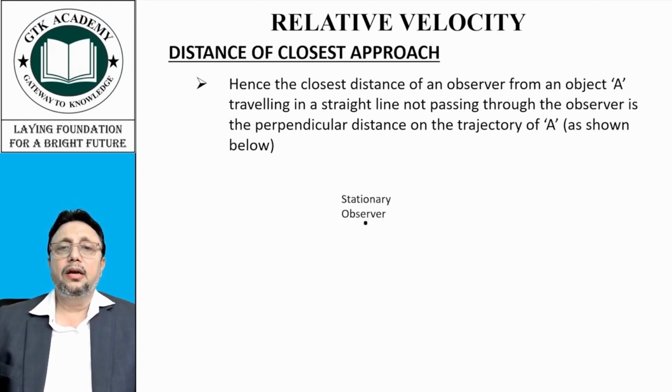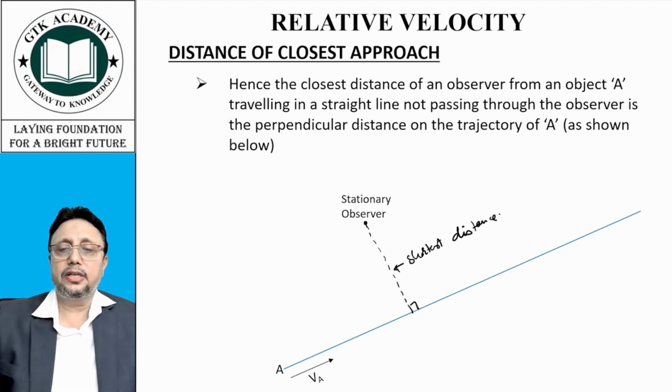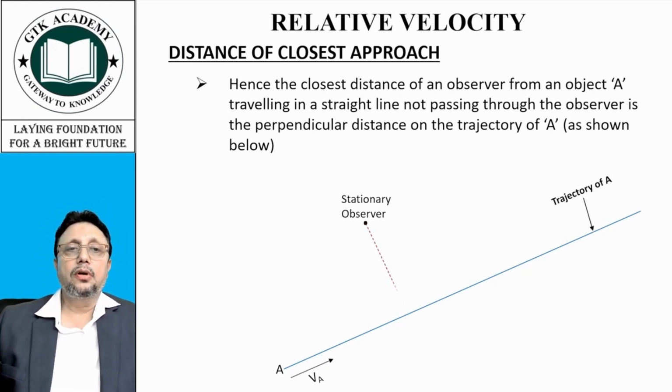For example, if this is a stationary observer and A is moving with velocity VA in this direction, this blue line is the trajectory of A. So how close A can come to this stationary observer is found by drawing a perpendicular from this point on this trajectory. This is going to be the shortest distance, or the distance of closest approach, right?